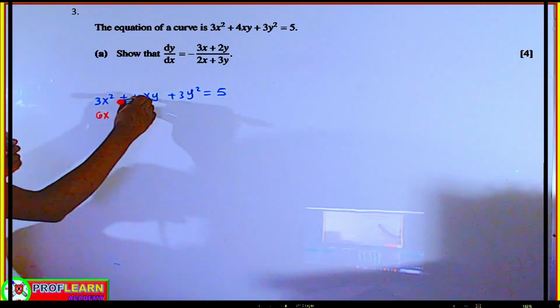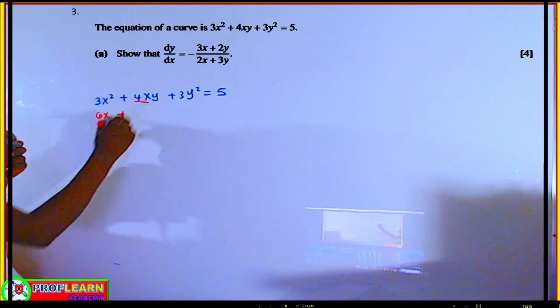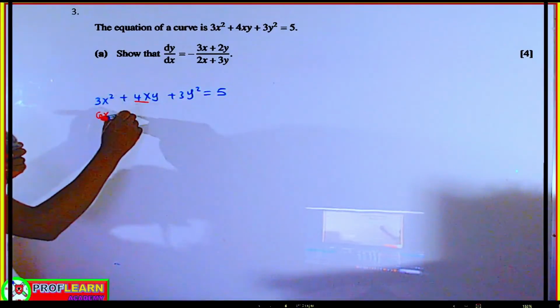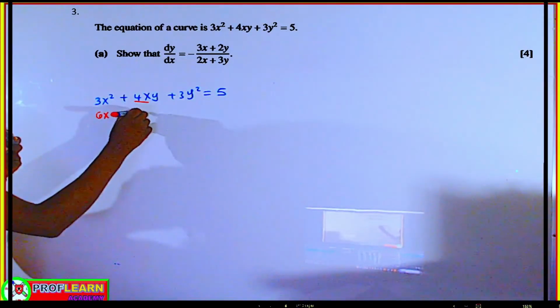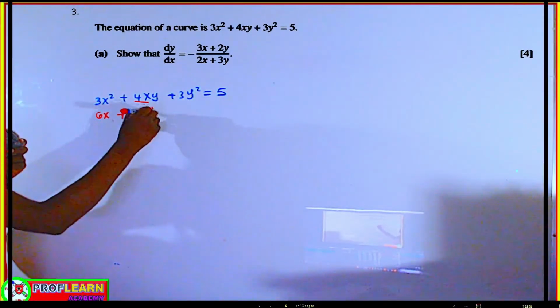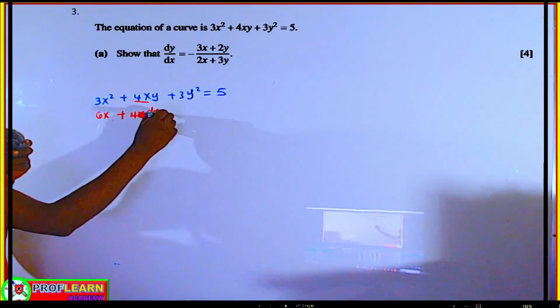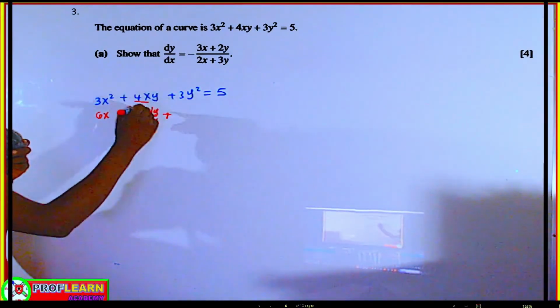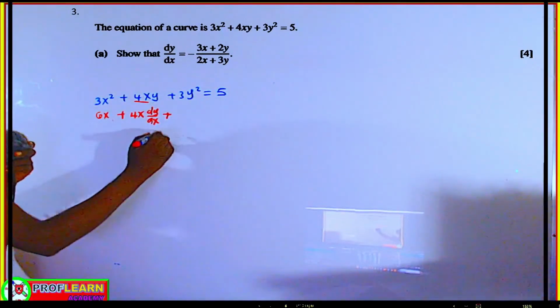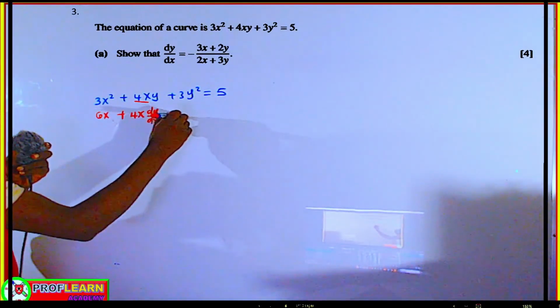Then plus, we are going to keep 4x constant, we differentiate y. So we are going to say 4x is a constant. Then this is going to be dy/dx. Again, plus, we are going to keep y constant, we differentiate 4x. So this is going to be 4y.